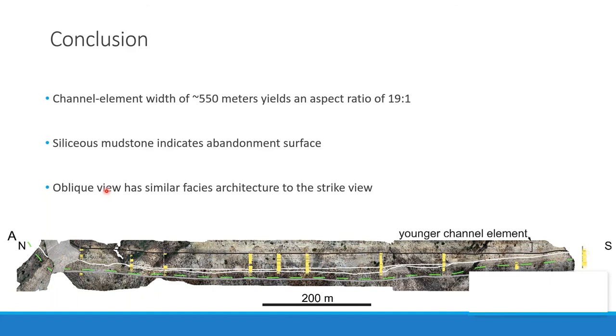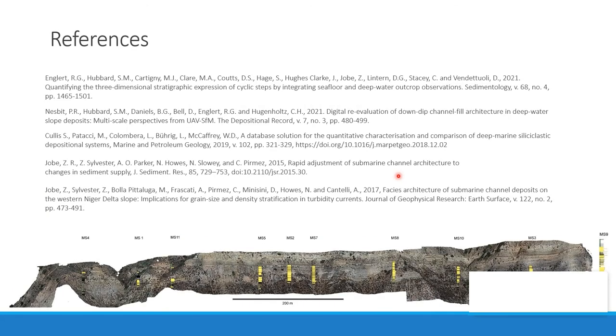And the main point is that strike and dip views, or slightly oblique views, do have similar facies architecture, and so they may be a little bit elongate, but they could be equally as important in a reservoir model. And that is all.